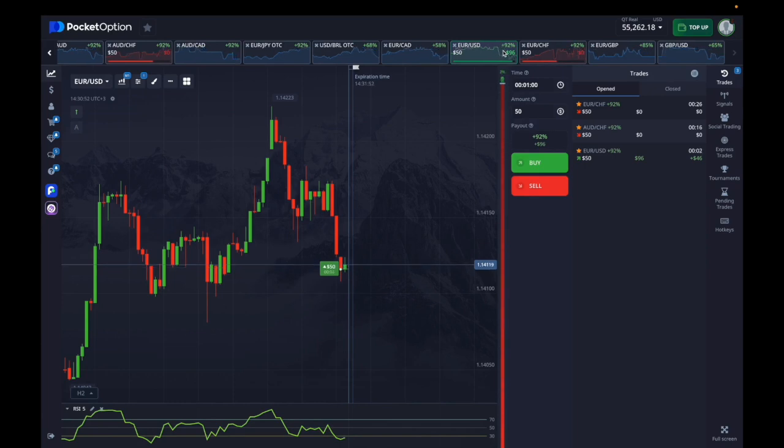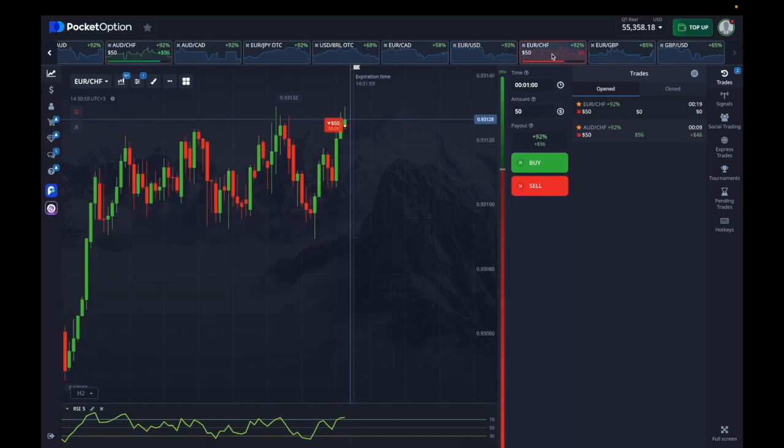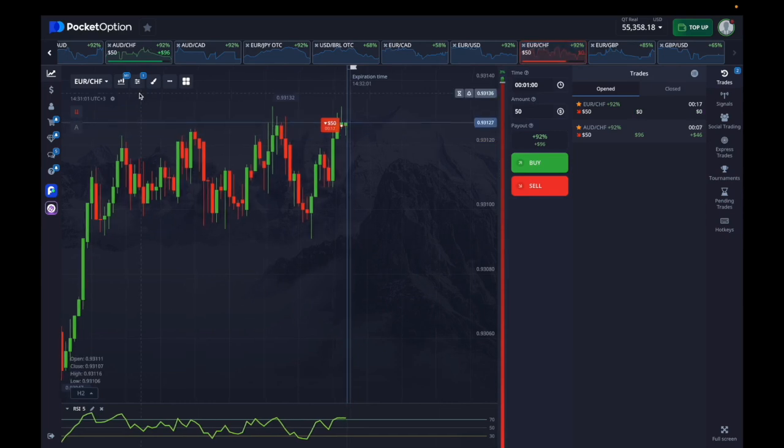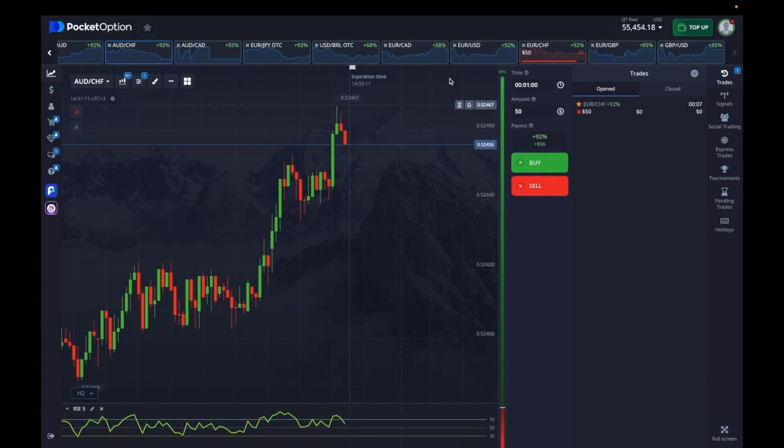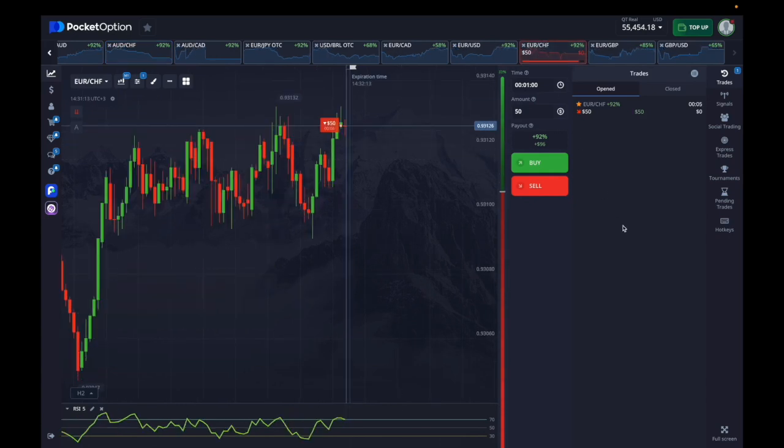This particular trade, similar to the previous one, also successfully closes in profit. And the very next trade is the currency pair of the United States dollar against the Swiss franc, USD to CHF. We went short for a decrease. This one also closes in profit, as does the euro to Swiss franc.